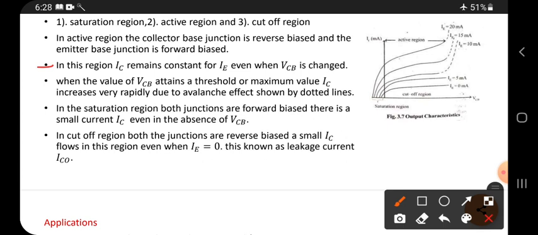When the value of VCB attains a threshold or maximum value, IC increases very rapidly due to the avalanche effect, shown by the dotted line. The avalanche effect was already explained in the diode.